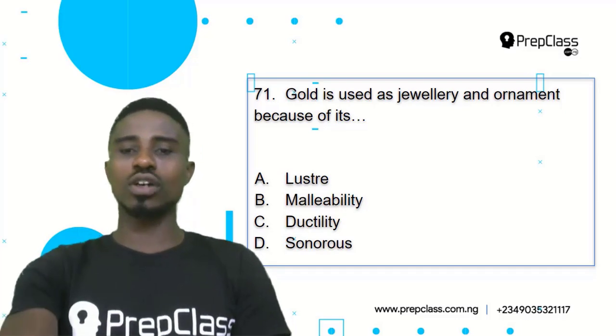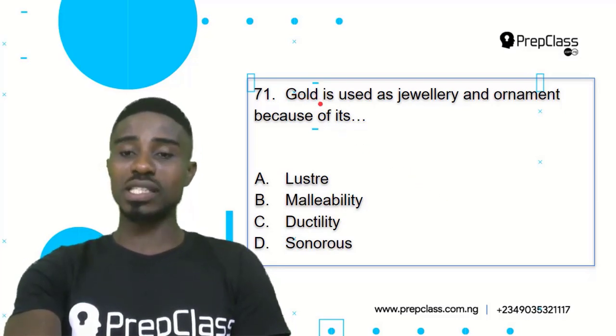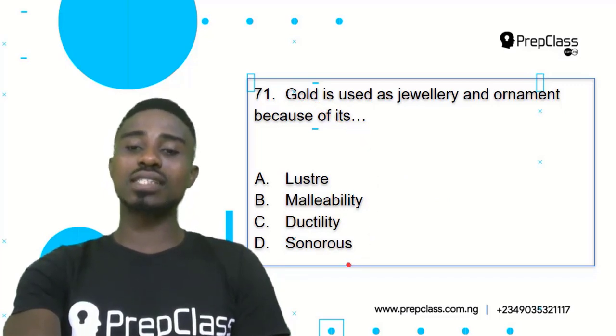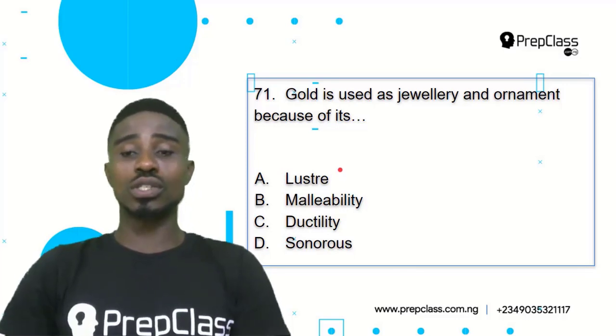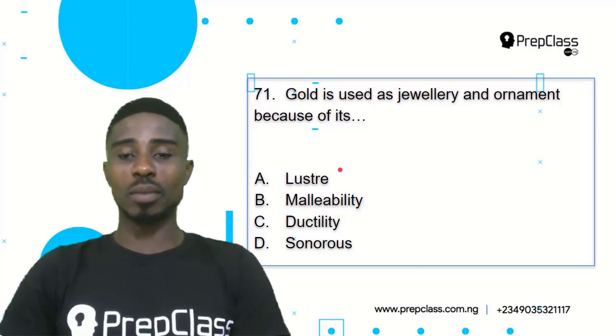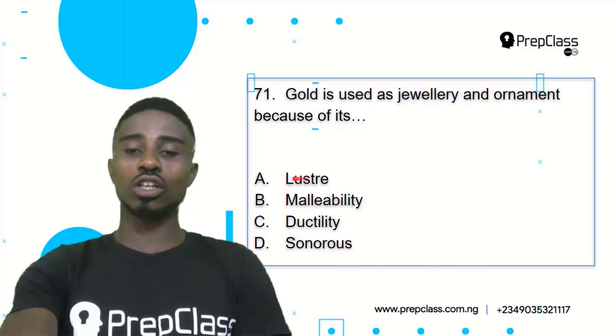Now, in looking at this question, it's talking about gold, and we know gold is basically a metal. All of these options are properties of metal, but one is a property that makes gold be used as jewelry and ornament. Option A, luster.